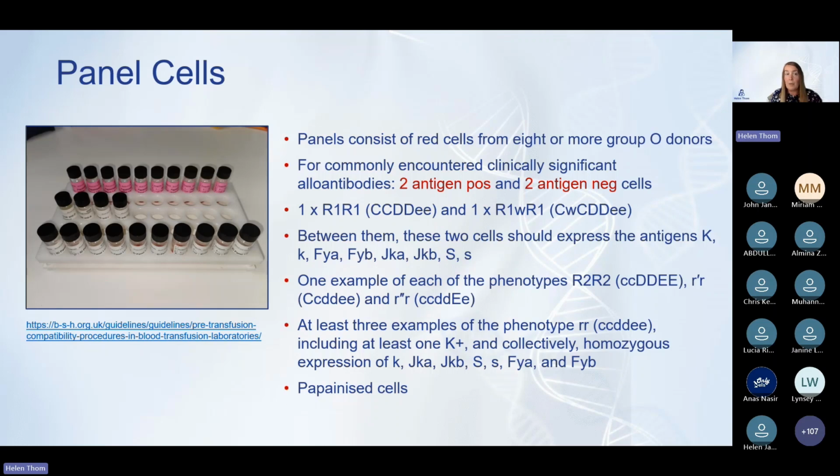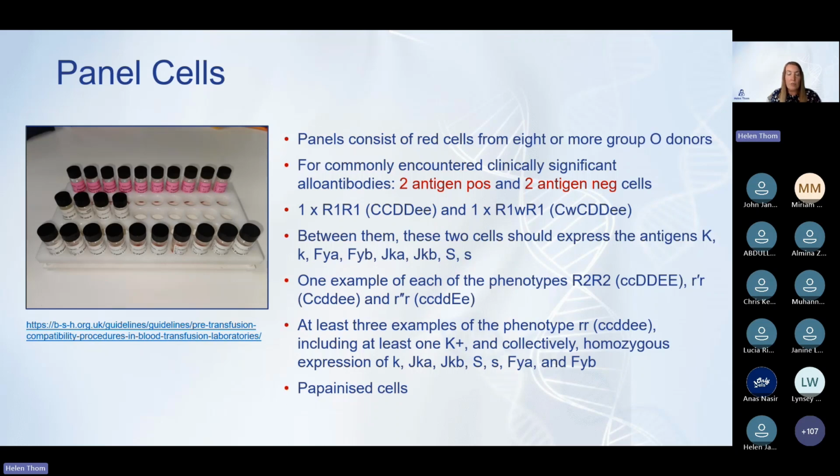Thankfully, we'll have our panel cells, which is the next step. So you would do your group and screen, then go on to your antibody identification. Your panel cells, for those of you who don't know, are not just random, they're made up in a specific way. They are made from donor red cells. When you donate blood in the UK, and probably everywhere else as well, they're made from 8 or more group O donor cells.